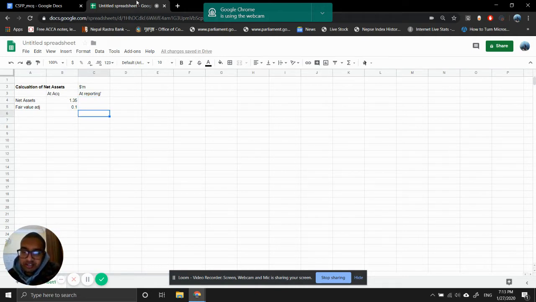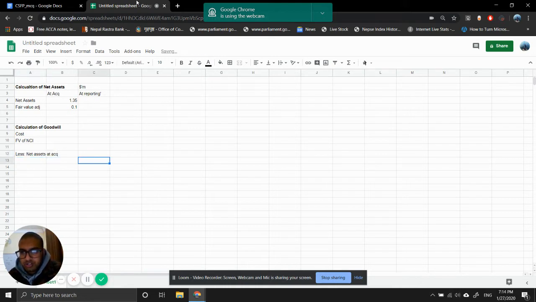So if there is a fair value adjustment, there must be excess depreciation as well. But what we are required to calculate is the goodwill, so for goodwill we don't need that. Goodwill is calculated as cost plus fair value of NCI, less net assets at acquisition.